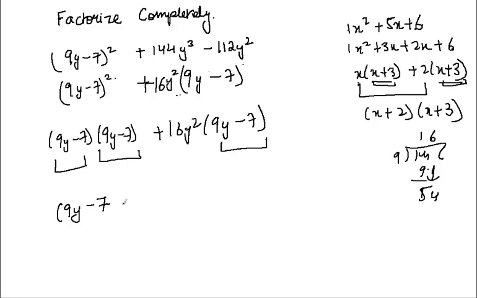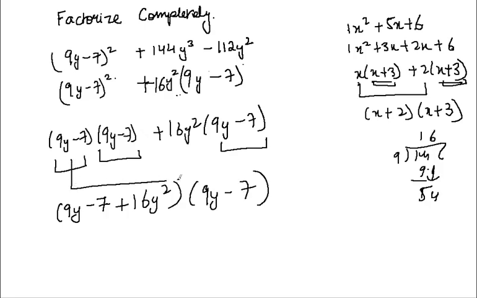So 9y minus 7 plus 16y square times the second bracket, 9y minus 7. So basically you have clubbed this with this. That's it.